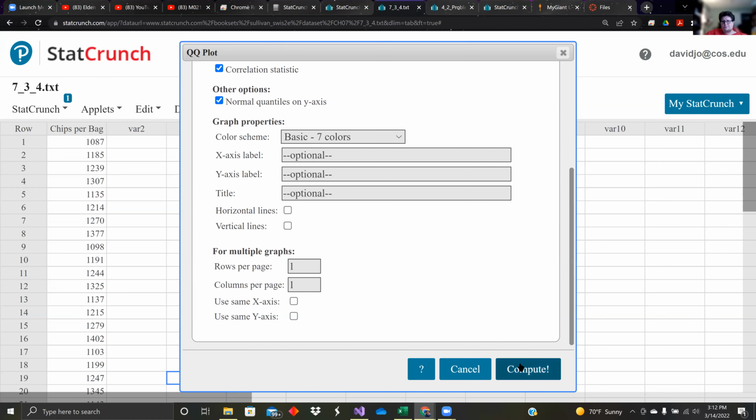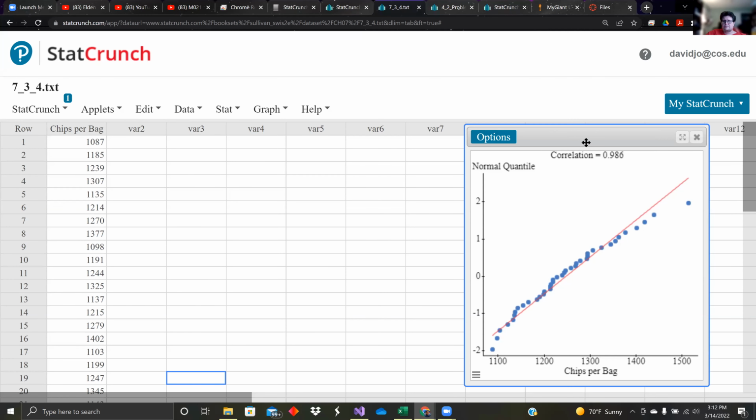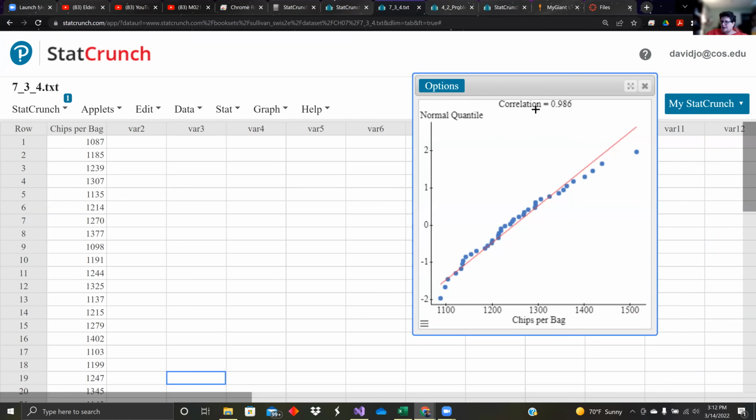And we click compute. I'm going to write it down before I shift back to the other screen. My correlation value is 0.986. We've got n equals 40.